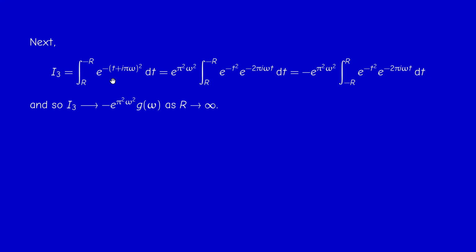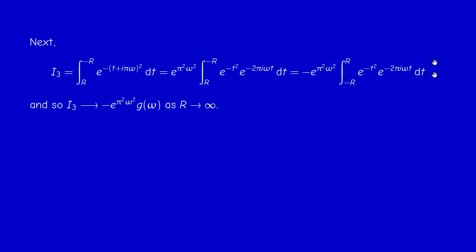Third one, same thing, straightforward. If we do the algebra, we expand here. We can put the constant, which is e^(pi squared omega squared), outside. And now it doesn't tend to 0, unlike the second one, because this is a constant. I just put minus because it's from r to minus r because of the orientation. So pay attention to this point. And now this integral actually is what?